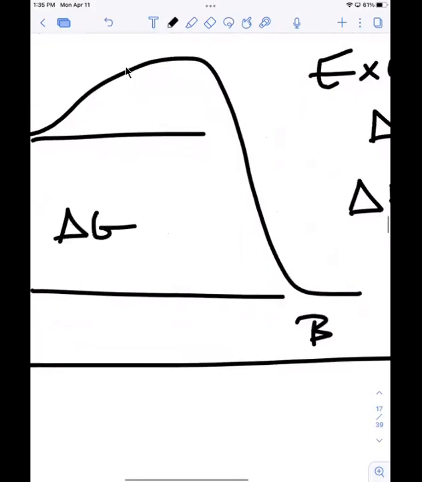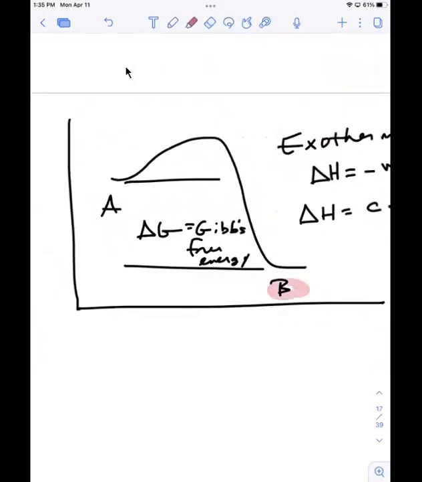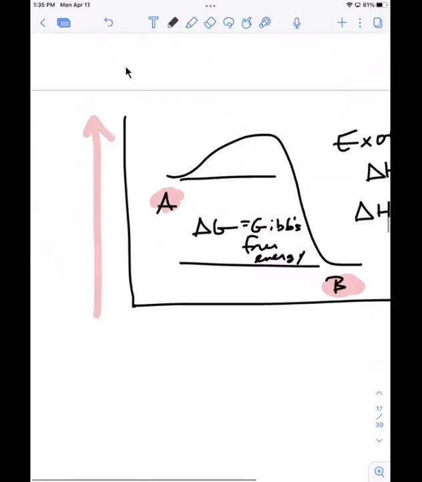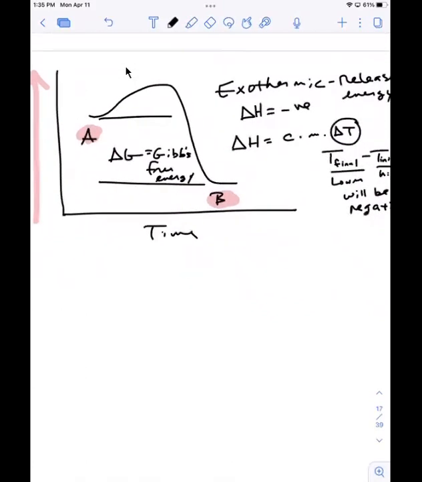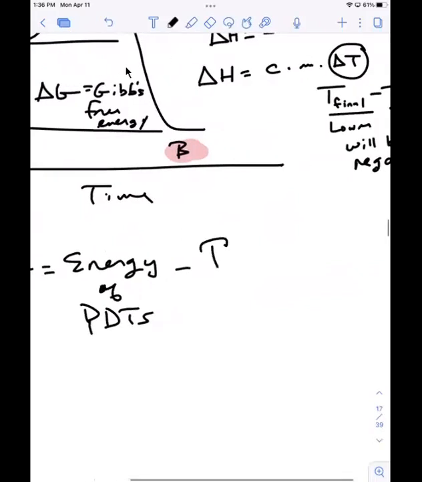All right. There's another term we can define here, which I think we defined up top, that delta G, which is the Gibbs free energy. And this is literally the difference in energy between the products and the reactant. So again, energy is increasing in this direction. The way you calculate that Gibbs free energy is to take the product energy and subtract it from the reactant energy.